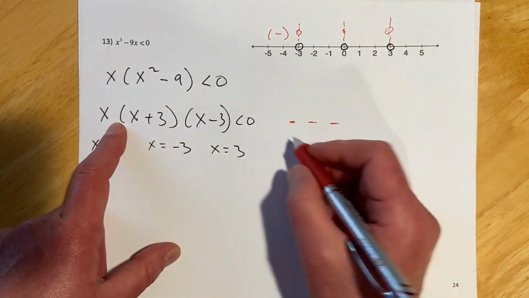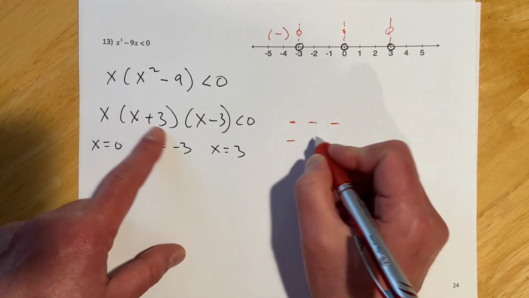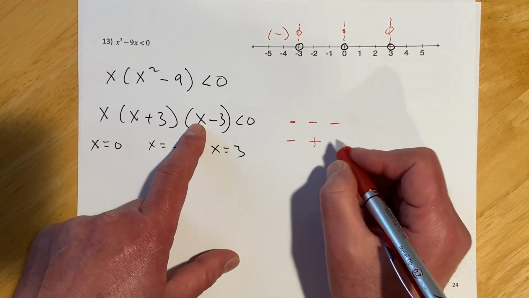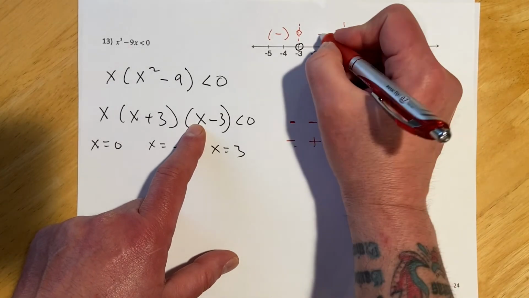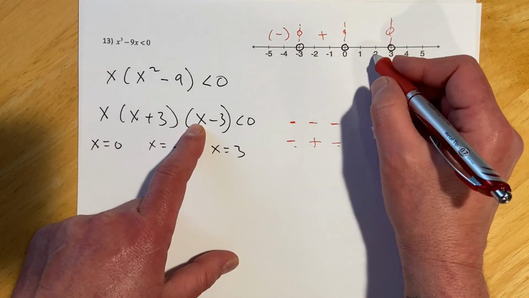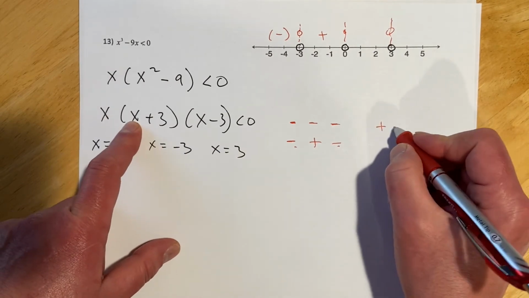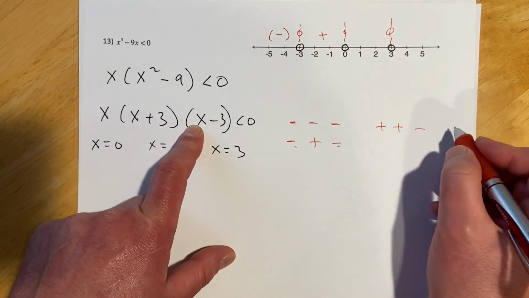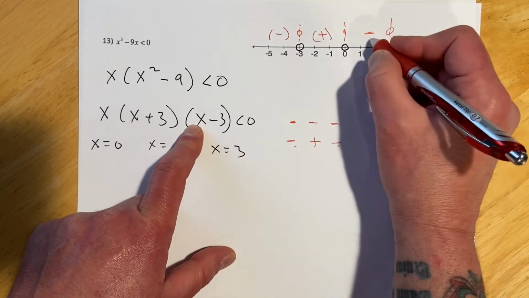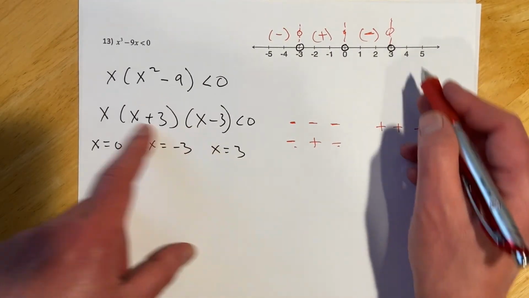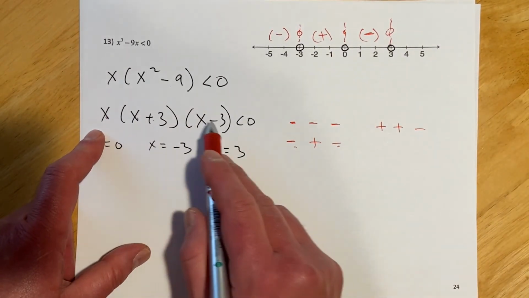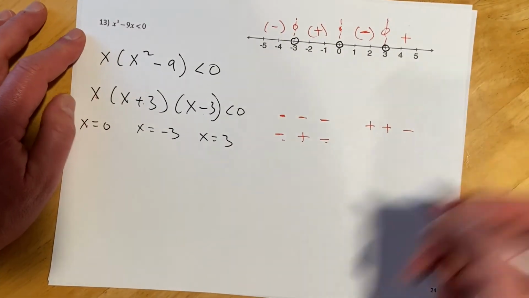If I put in -1, this would be negative, positive, negative. 2 negatives would make a positive. If I put in 1, I would have a positive, and a negative, so that will be negative. And then if I put in 4, as you can probably guess, positive, positive, positive, so that will be positive.